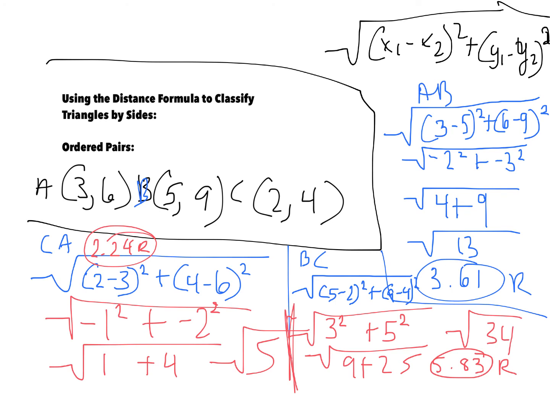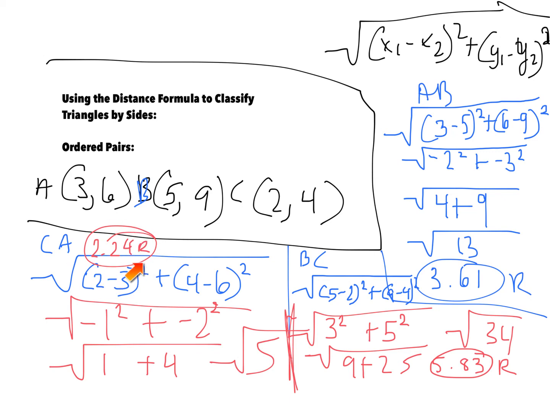So now we look and see: are any of the sides the same? Is AB the same as BC or CA? Nope. Is BC the same as AB or CA? Nope.